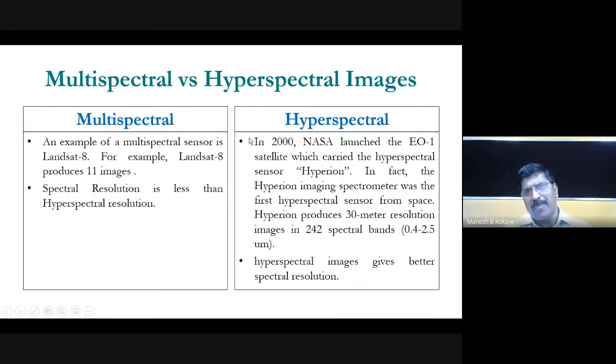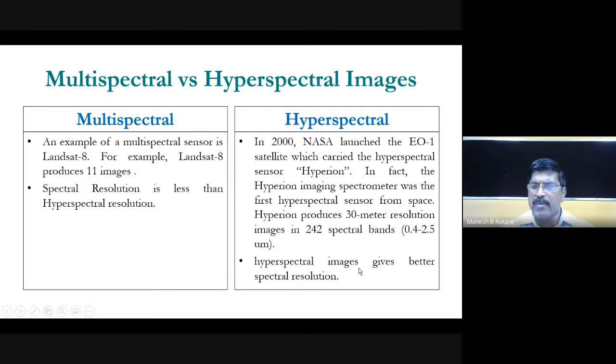Whereas an example of hyperspectral imaging is that in 2000 NASA launched the EO-1 satellite, which carried a hyperspectral sensor named Hyperion. In fact, the Hyperion imaging spectrometer was the first hyperspectral sensor from space, and Hyperion produces 30-meter resolution images in 242 spectral bands, ranging from 0.4 to 2.5 micrometers.